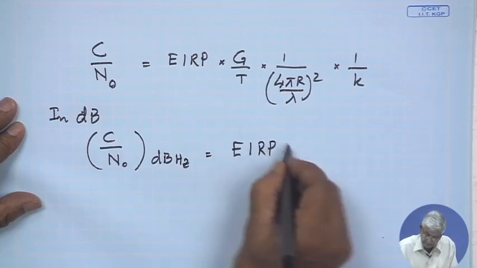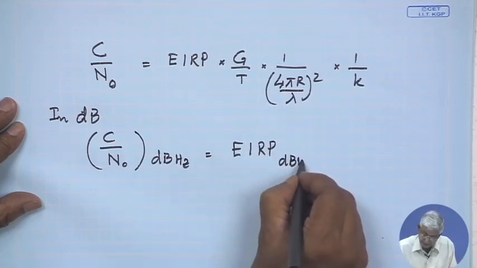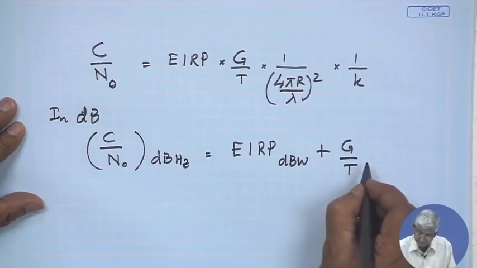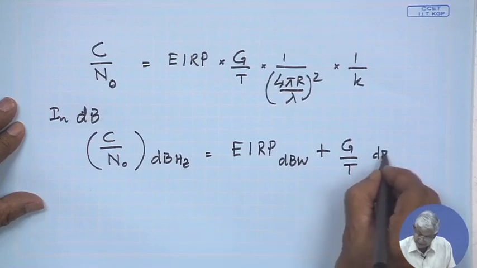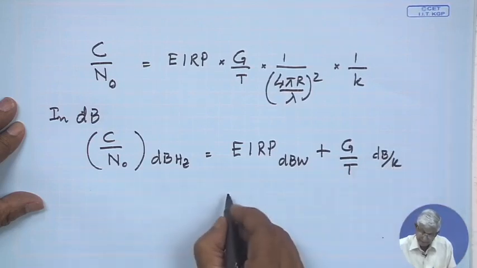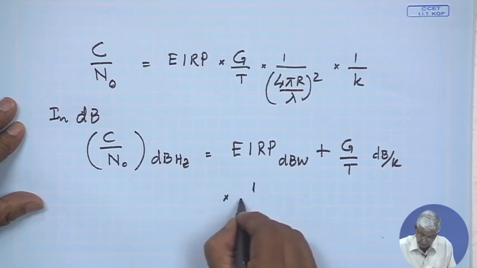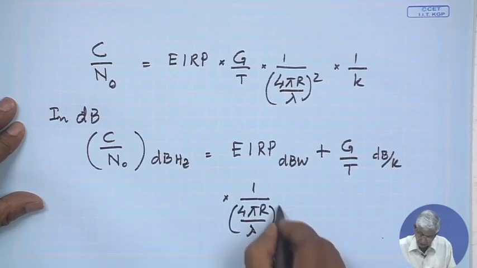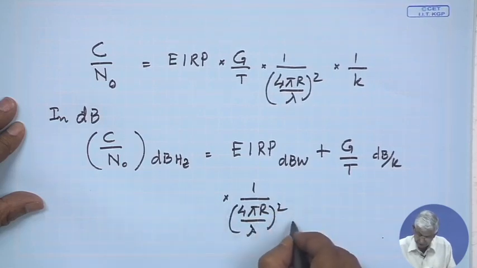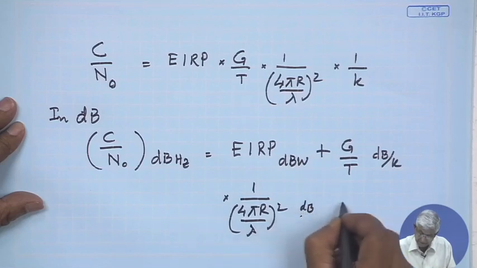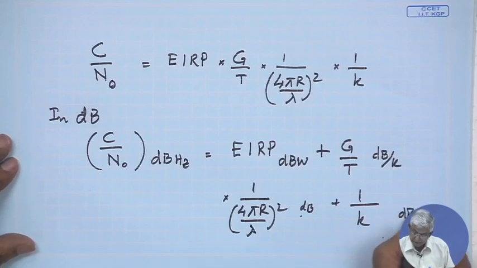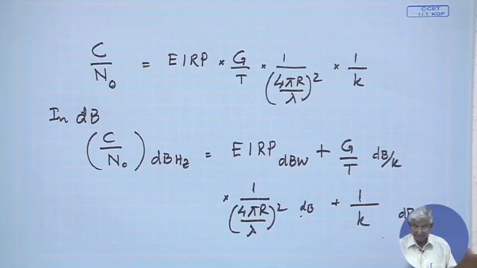EIRP is in dBW, plus G by T, which is dB per K, and then 1 by (4 pi R by lambda) whole square, the path loss which is actually in dB, and 1 by k, which is dB per K per hertz, right.